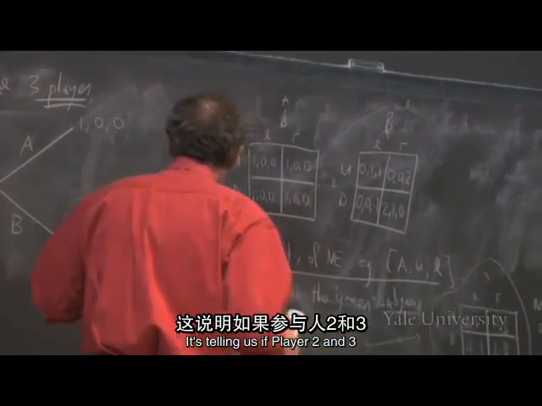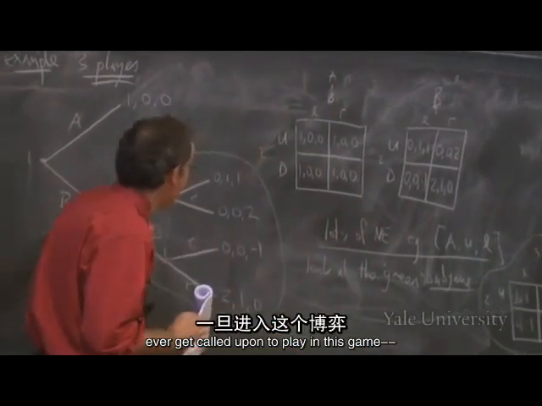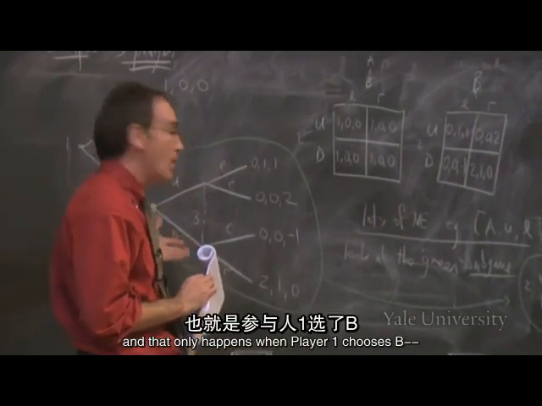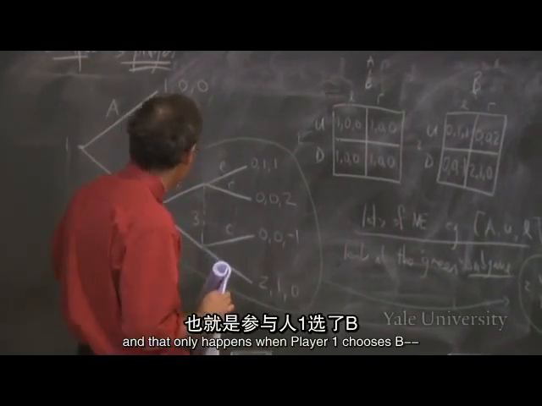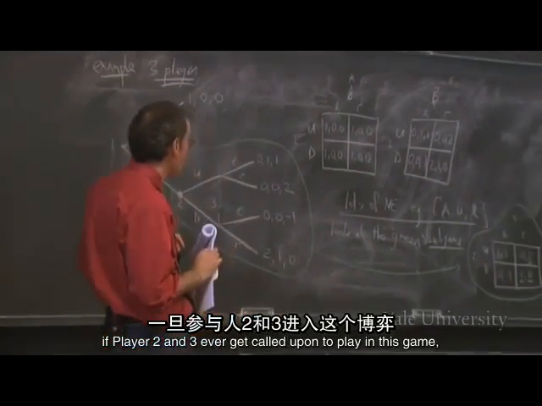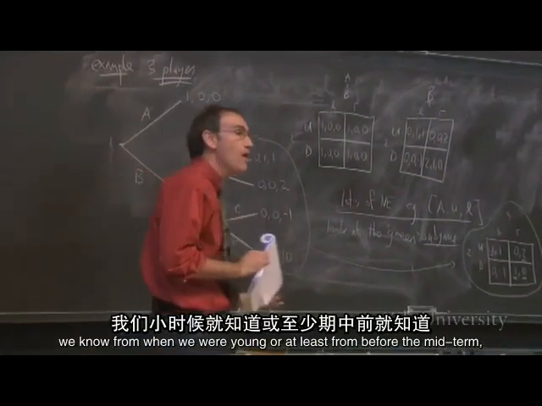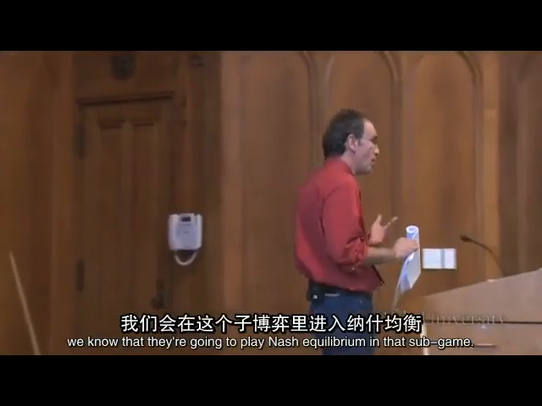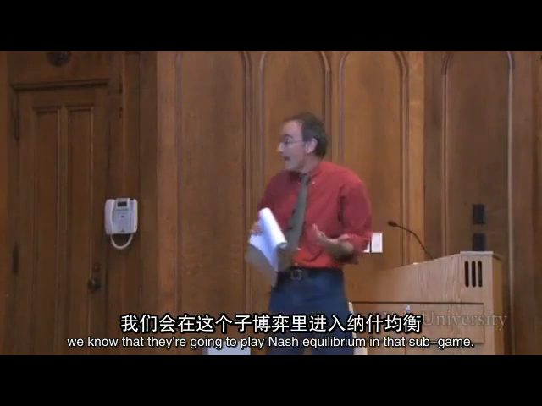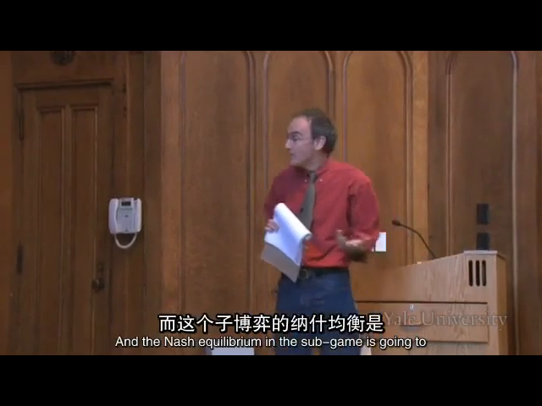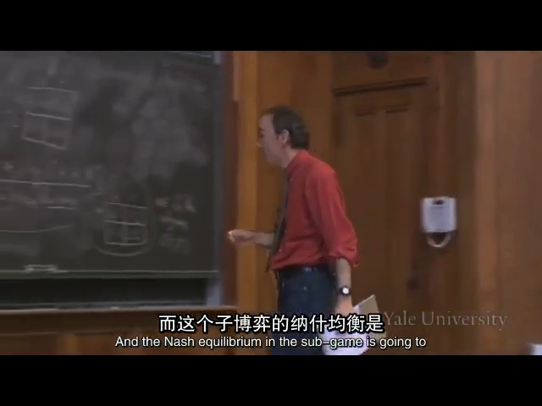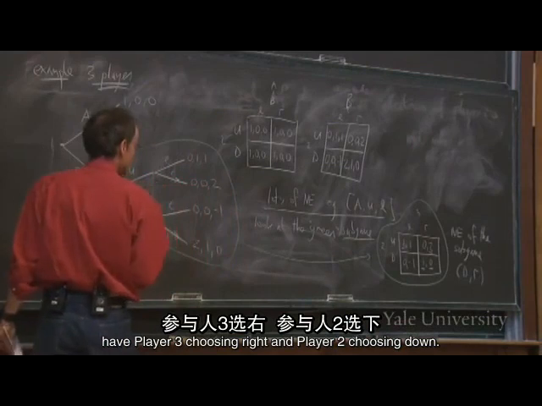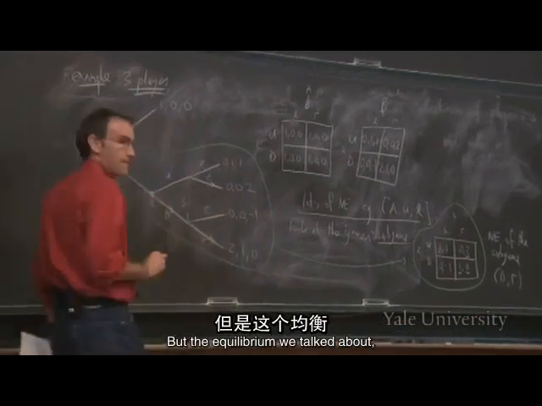It's telling us if player 2 and 3 ever get called upon to play in this game, and that only happens when player 1 chooses B, we know from before the midterm that they're going to play Nash equilibrium in that sub-game, and the Nash equilibrium in the sub-game is going to have player 3 choosing right and player 2 choosing down.